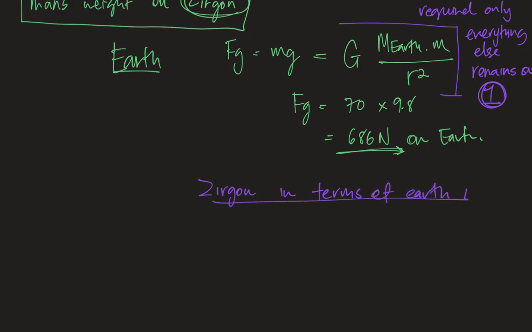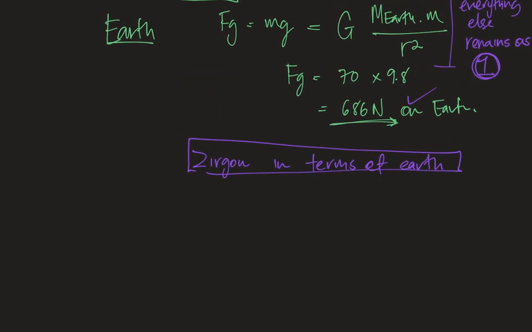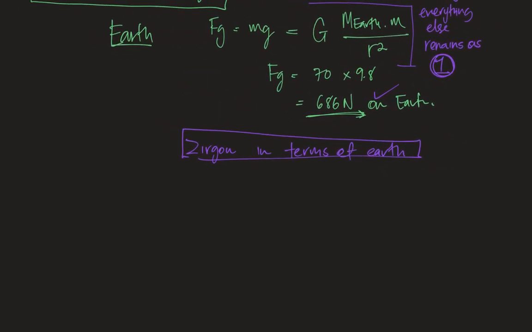Okay, so we've done Earth. Now we move on to Zygon. With Zygon, we know that we want the weight, so we're looking for Fg on Zygon. Fg is equal to G, the mass of Zygon, times the mass of any other planet, all over r squared.